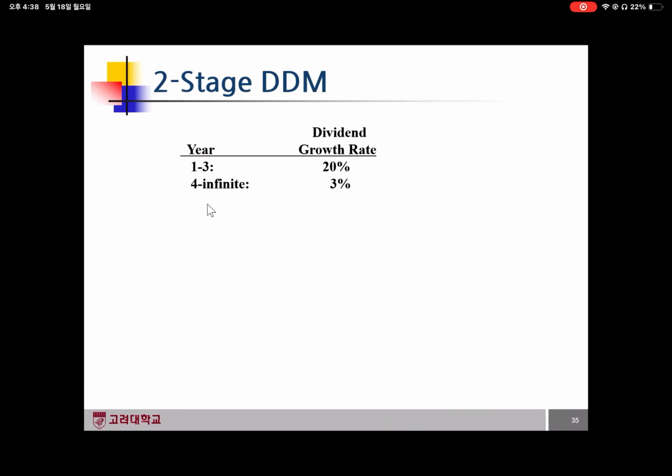Okay, let's get back to our example. If the growth rate is constant, the value of a stock is equal to D1 over K minus G. This is called Gordon's model.